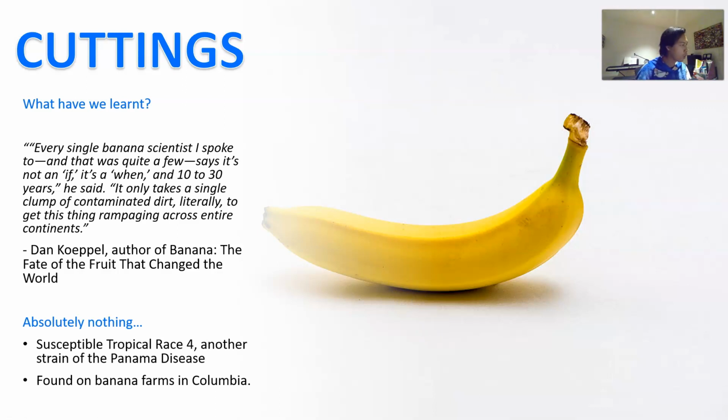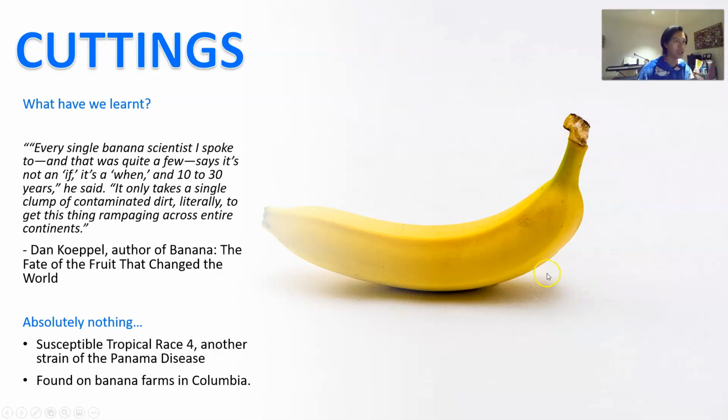Cavendish bananas are still cultivated by asexual methods and cuttings, and recently they have found that the Cavendish banana is susceptible to tropical race 4, which is a strain of the Panama disease, found on certain banana farms in Colombia, leading to a bit of a crisis in Colombia at the moment. And it is basically just a matter of time before it makes its way around the world. So, enjoy the banana that you are eating right now, because it's only a matter of time before it goes out of production because of the Panama disease.